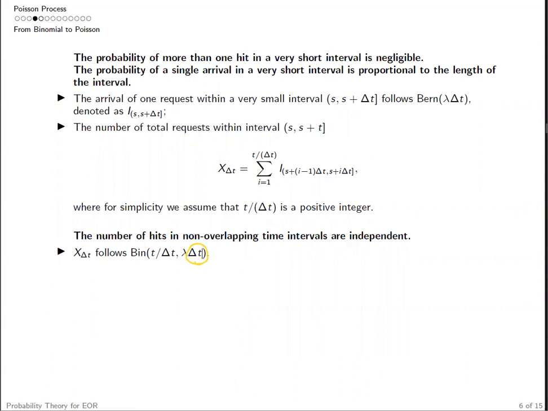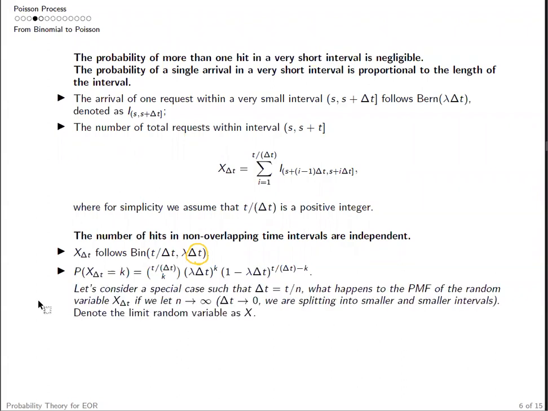Let's consider a very special case such that this delta t is t over n, where n is a positive number. And now we let n go to infinity. Therefore, this delta t will be arbitrarily small. It will go to 0, right?